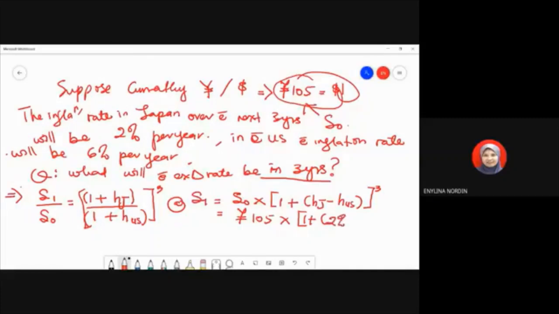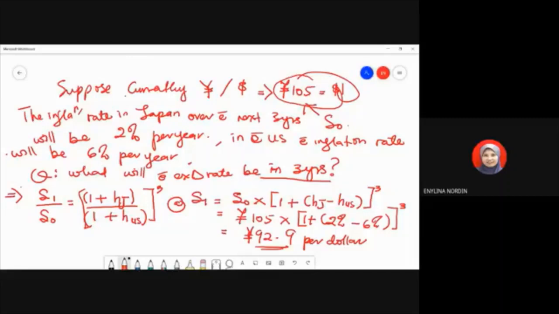I put here 2% minus 6%, so don't forget, 2 minus 6 will be negative 4, then 1 minus 0.04, you convert to 0.04, and then to the power of 3. Then you will get yen 92.9 per dollar.